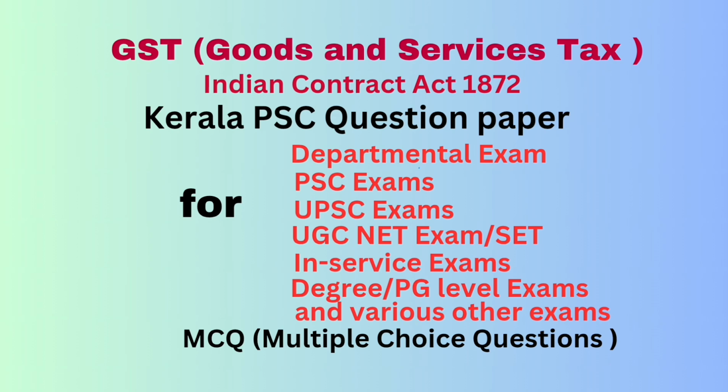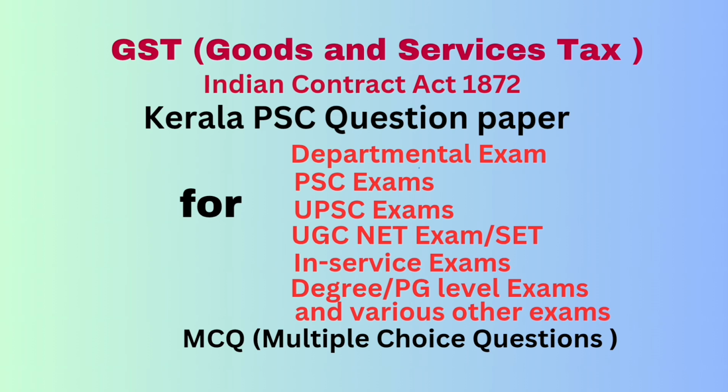Question number 80. A person who finds goods belonging to another and takes them into custody is subject to the same responsibility as a dash. Answer: bailee. Question number 81. A dash is a contract to perform the promise or discharge the liability of a third person in case of default.